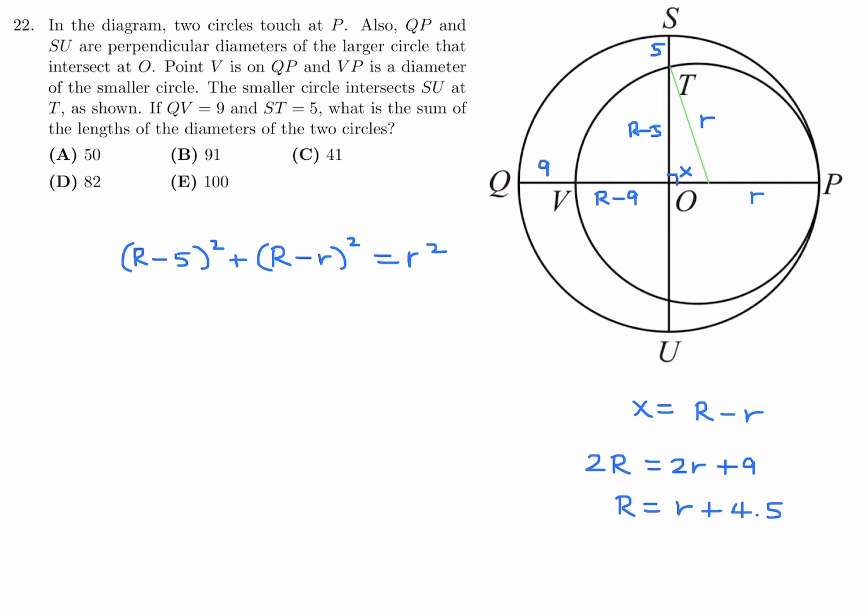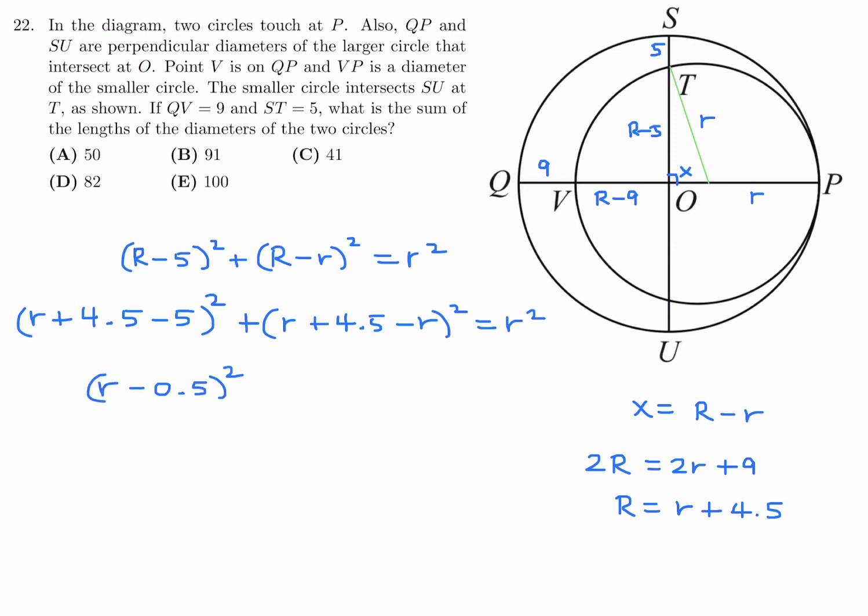So the big R would be (r plus 4.5 minus 5) all squared, and this is going to be (r plus 4.5 minus r) all squared is equal to r squared. So this looks like (r minus 0.5) squared plus 4.5 squared is equal to r squared.